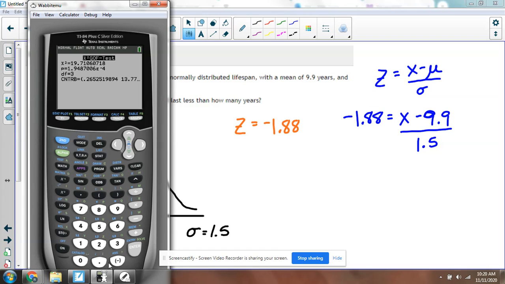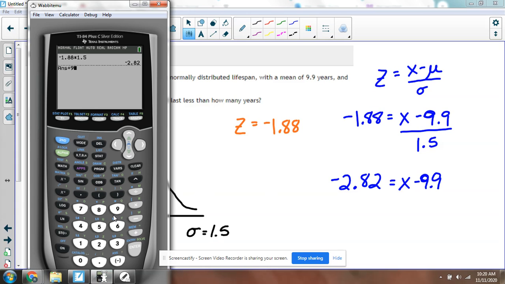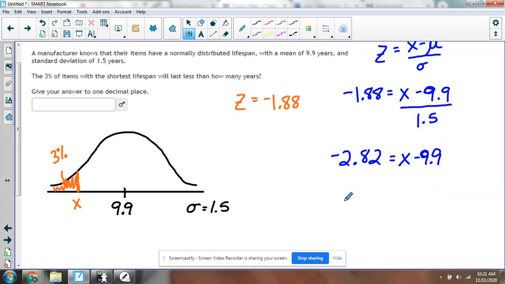So I'm going to have negative 1.88 times 1.5, so I get negative 2.82, equals x minus 9.9. Then add 9.9 to both sides, plus 9.9. 7.08. So this value of x is going to be 7.08. To one decimal place it would be 7.1.